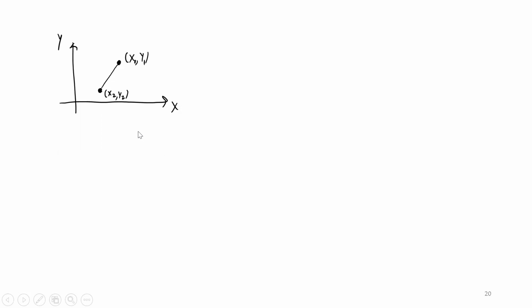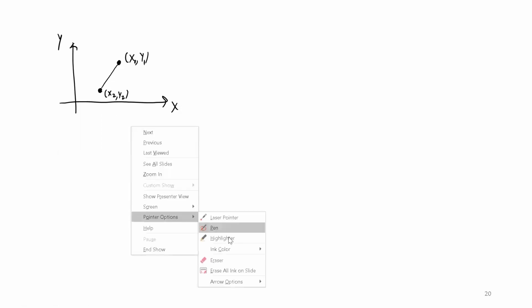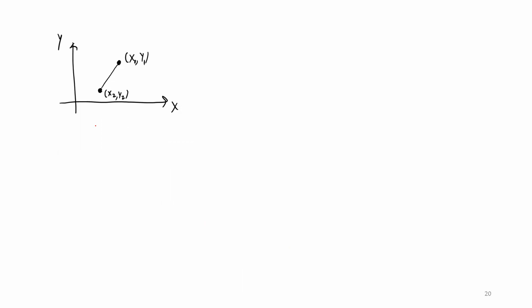In fact, you do not need all four numbers, because there is one constraint. Because this rod is rigid, its length L is fixed, so the constraint is that L squared equals x1 minus x2 squared plus y1 minus y2 squared. So in this case, you actually just need to give me three numbers.